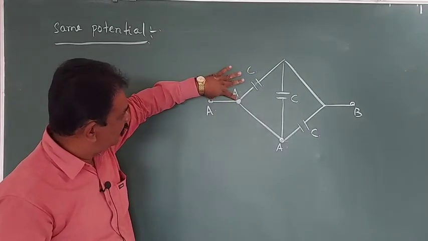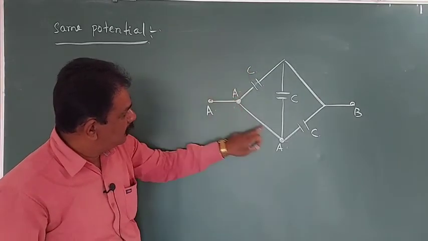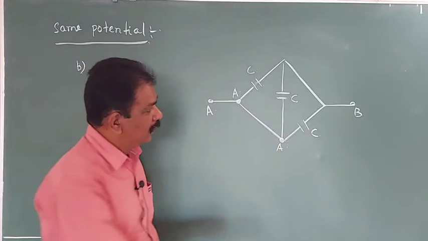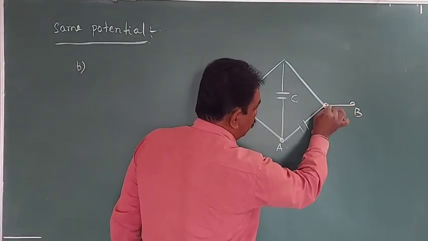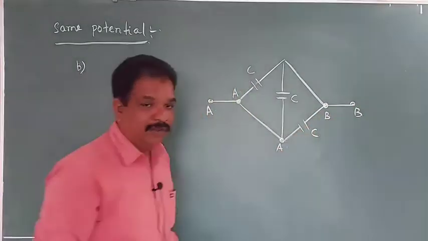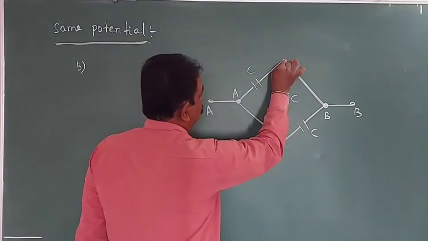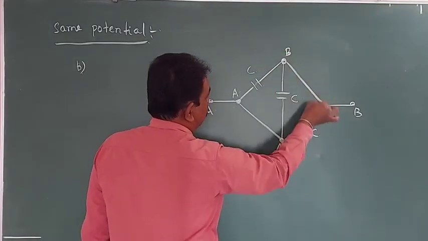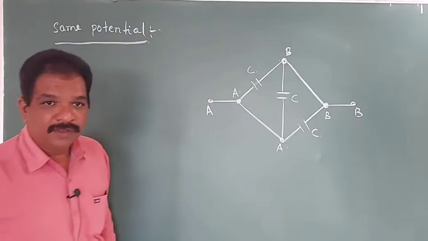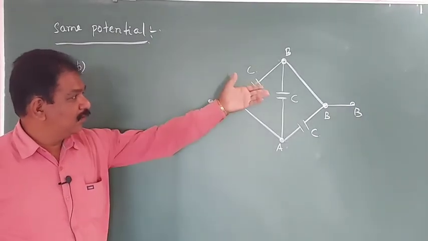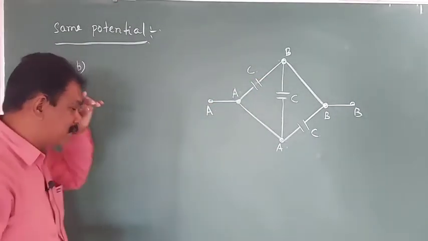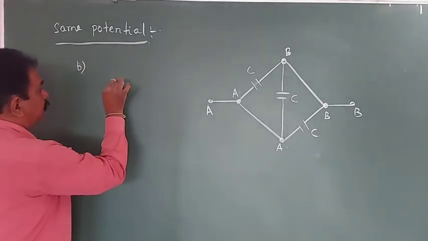Here just wire, that's why I wrote A here. Here B. Here also B. Just wire. Because just wire. Clear? Now you redraw the circuit, how it will be there.